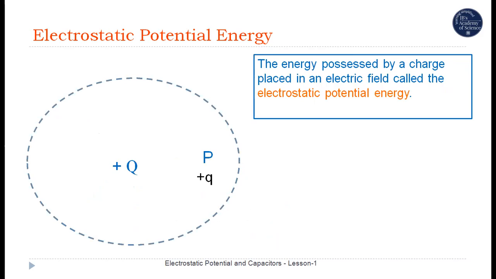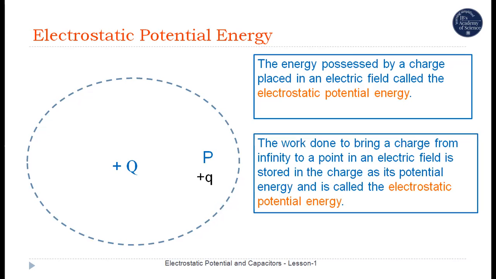Here consider a charge plus Q, capital Q. Now consider a point P in the electric field of the charge Q. We are placing another charge, small q, at the point P. This small q charge will possess a certain amount of potential energy due to the presence of the charge capital Q. So this energy possessed by the charge placed at this point P is electrostatic potential energy.